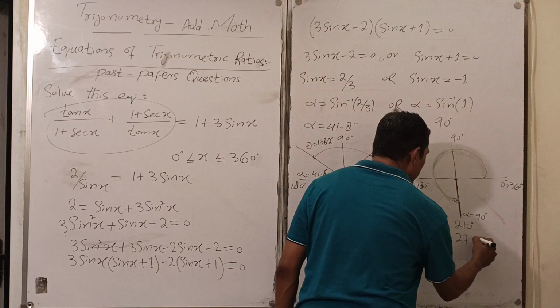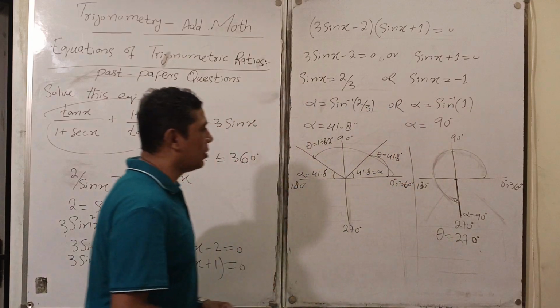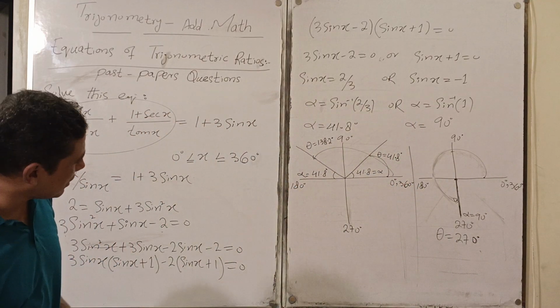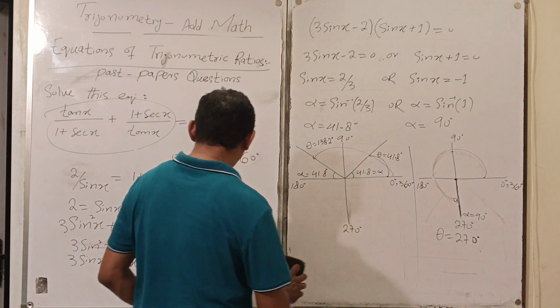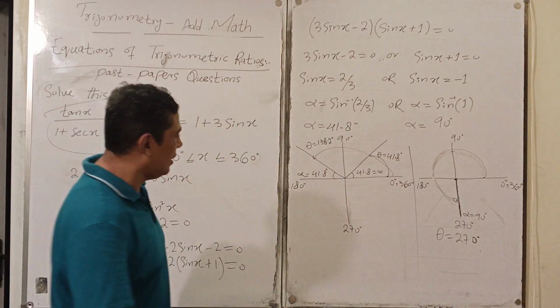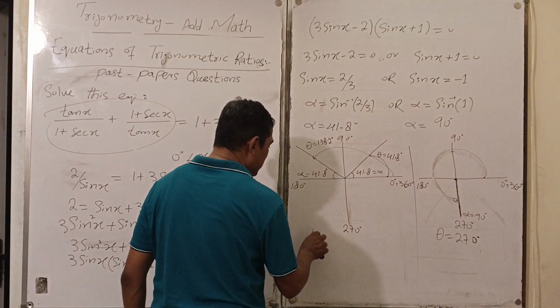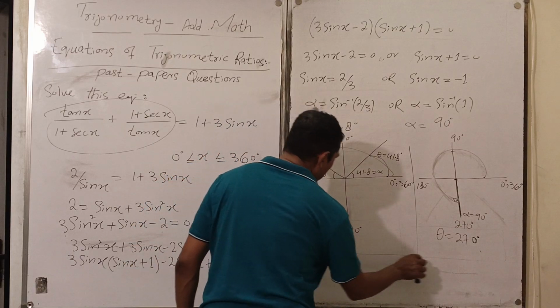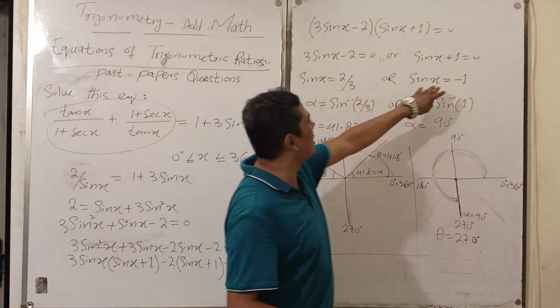Okay, how can you plot it? You can plot it in this way. Another criterion: previously, sin x is -1.